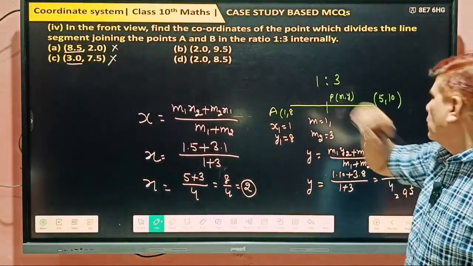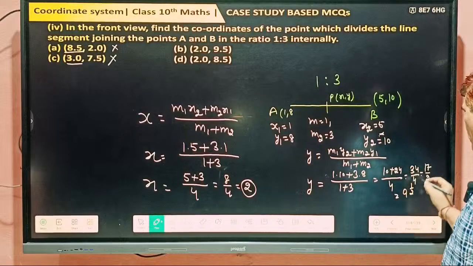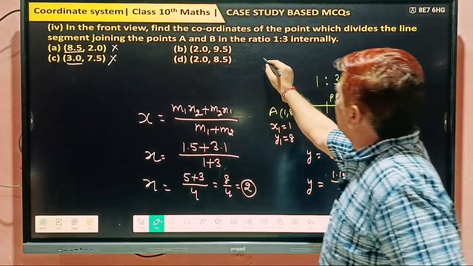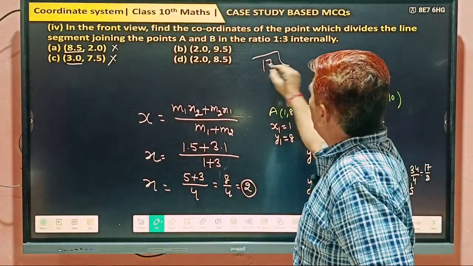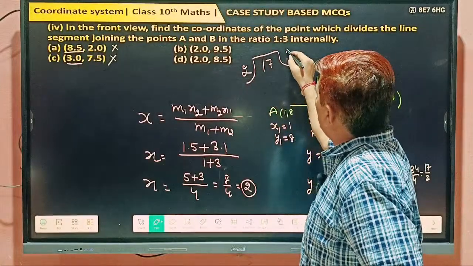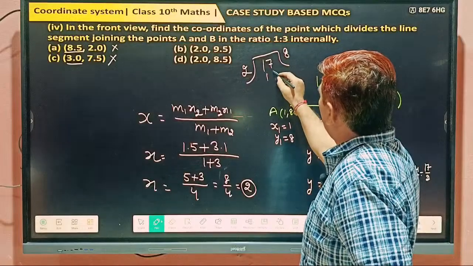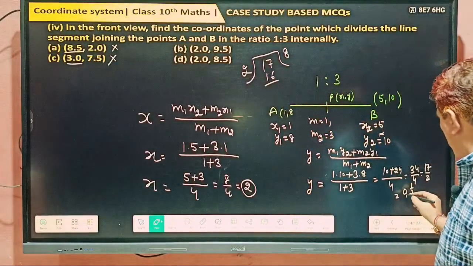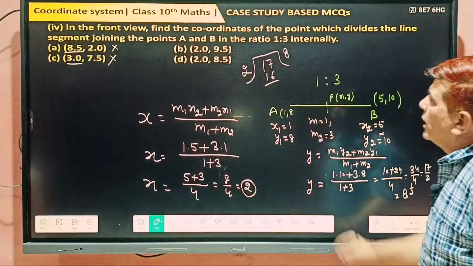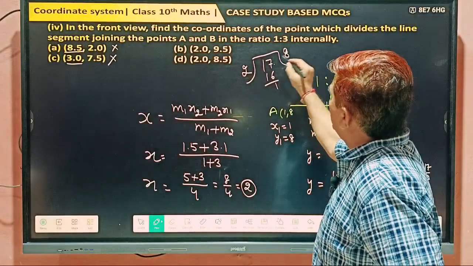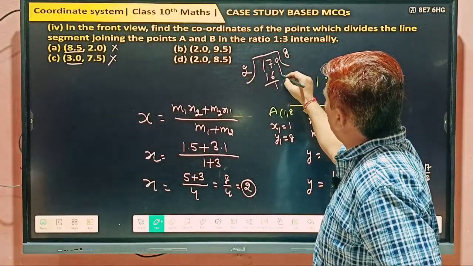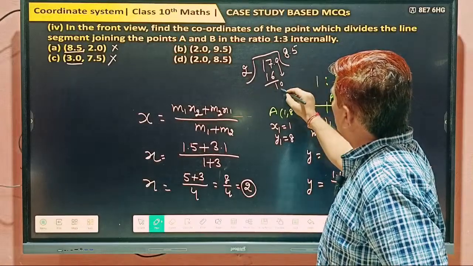But this is given in decimal form. So 17 divided by 2: 2 8s are 16, 1 remains, decimal point, bring down 0, 2 5s are 10.